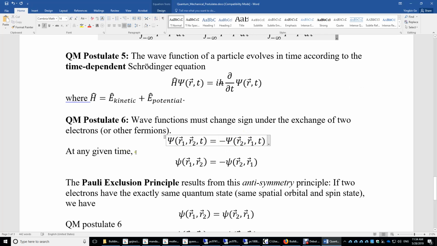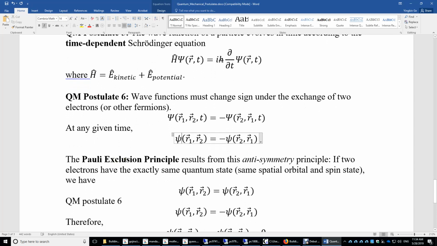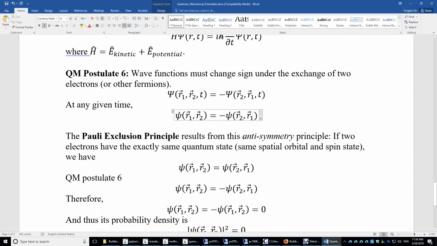At any given time t, we can remove this t, and I'm using lowercase psi here, so psi of R1 and R2 is equal to negative psi of R2 and R1. Over here, I swapped the two electrons. The famous Pauli exclusion principle results from this so-called anti-symmetry principle.